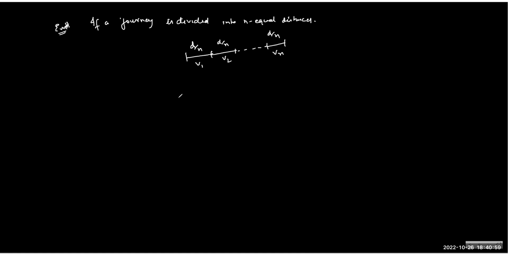So you can directly write, because the fraction here is 1 by n, n by the sum of 1 by v as the average. I hope this is clear. Yes, sir. So this is pretty much obvious.